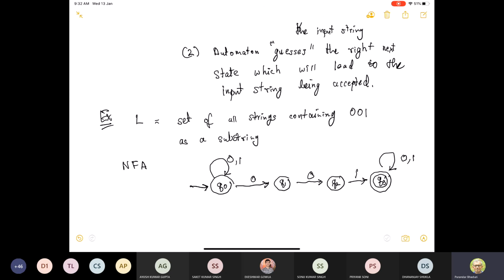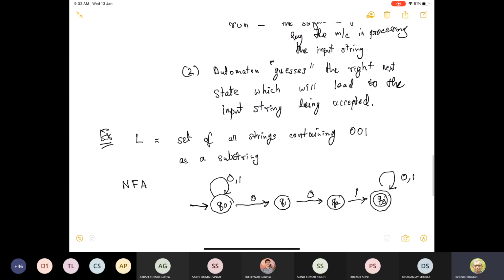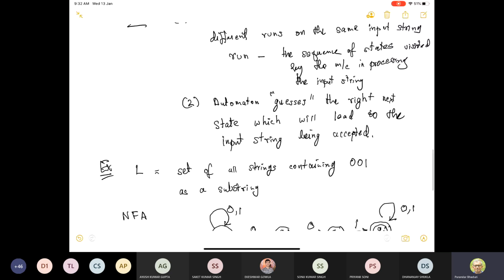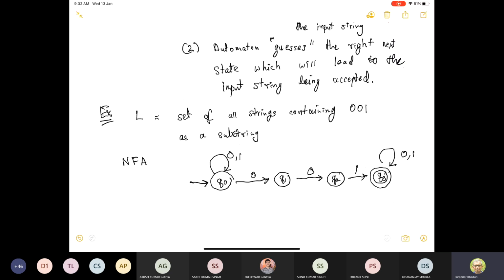You can, of course, think of a whole tree of branching computations. That's one way to think of it. That's point one. For a given string, there is a whole tree of computations. And as long as one root-to-leaf run reaches an accepting state, that string is accepted.